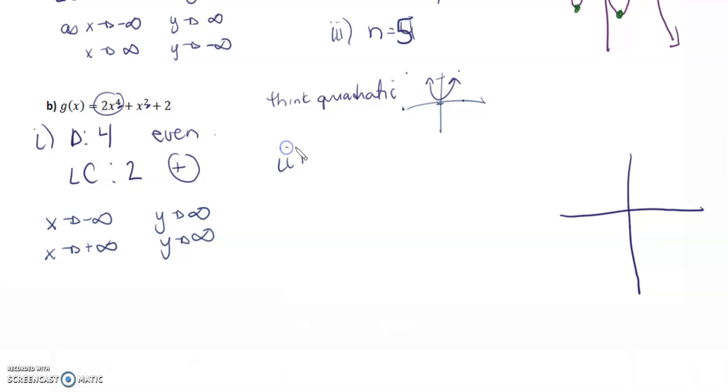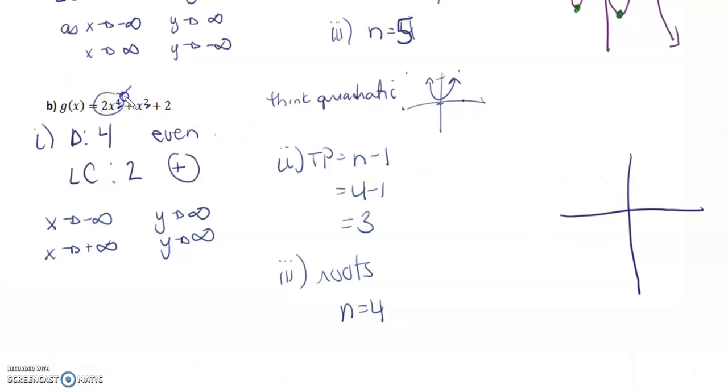Okay, number 2, maximum number of turning points is going to be n minus 1, which is 4 minus 1, so it's just 3. And then the roots, maximum number of roots is going to be n equals 4. So now let's go ahead and graph this.